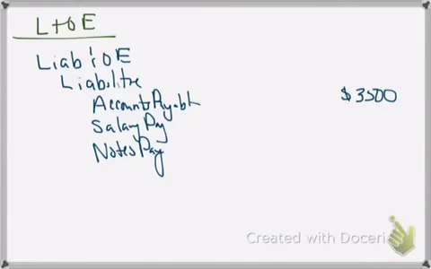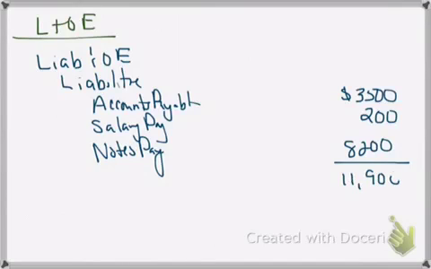The salary payable was $200, and my notes payable was at $8,200. So I have all these amounts underlined because I want to add those up. And I would get $11,900 as my total liabilities.